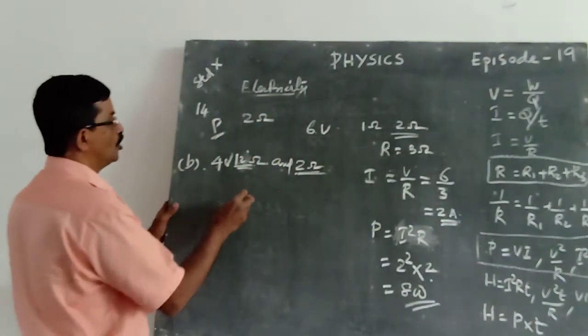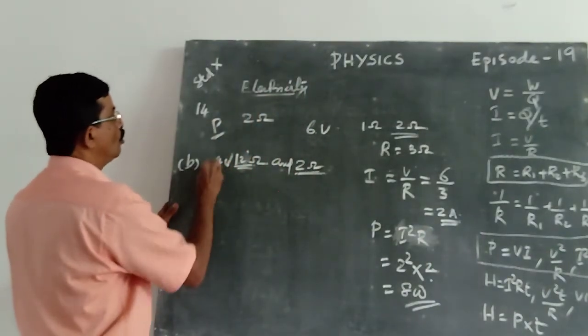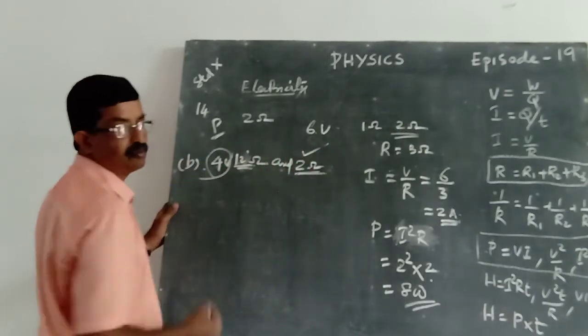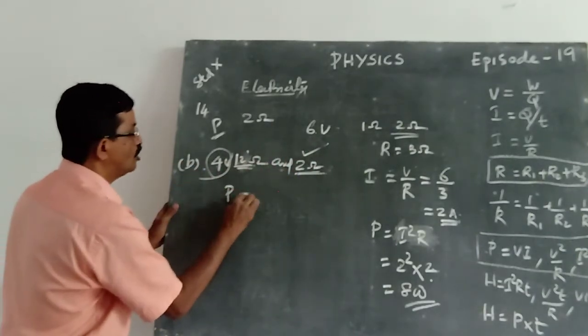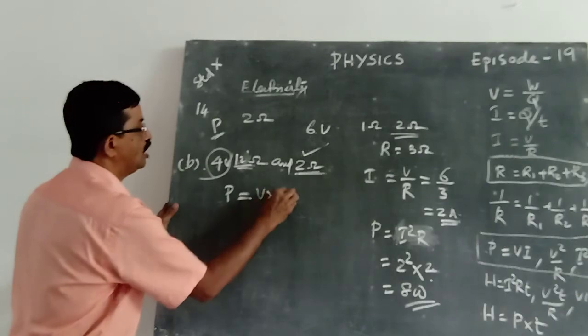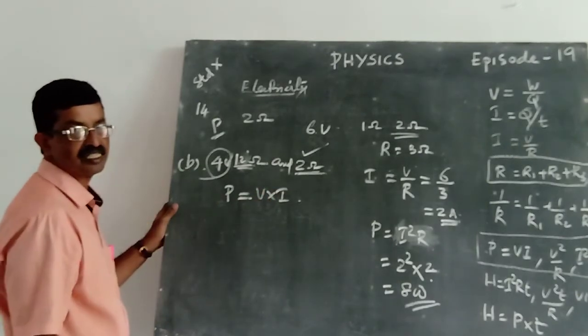So here the potential is 4 volt across the 2 ohm. So we can calculate power by using the relation P is equal to V into I, or VI.